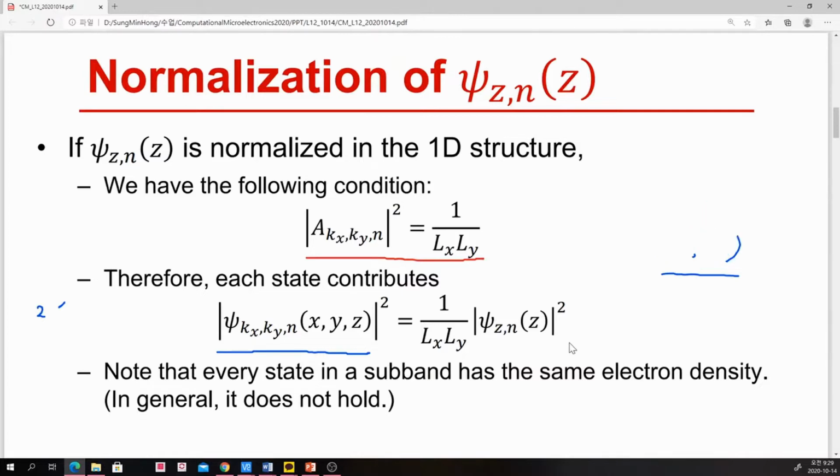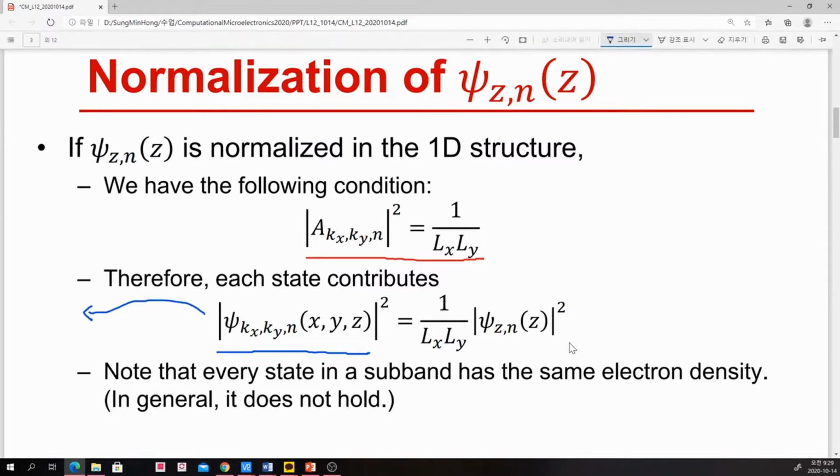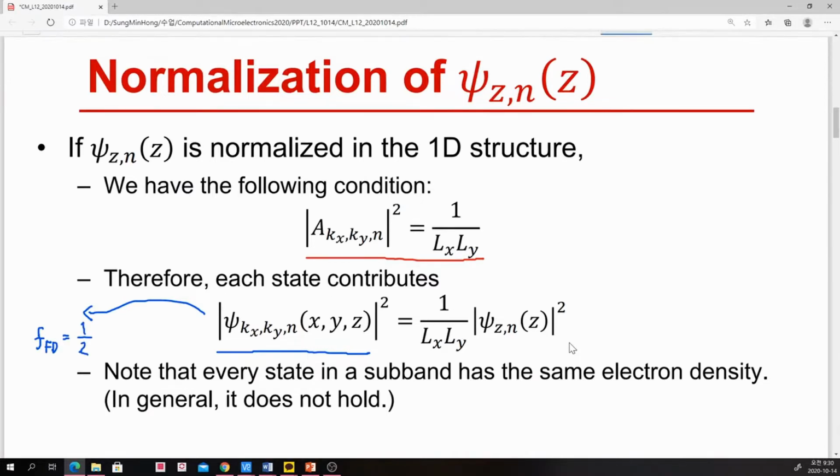And say that although we have two copies of this state, each of them has a Fermi-Dirac function corresponding to just half. Then what will happen? We have two degenerate states.